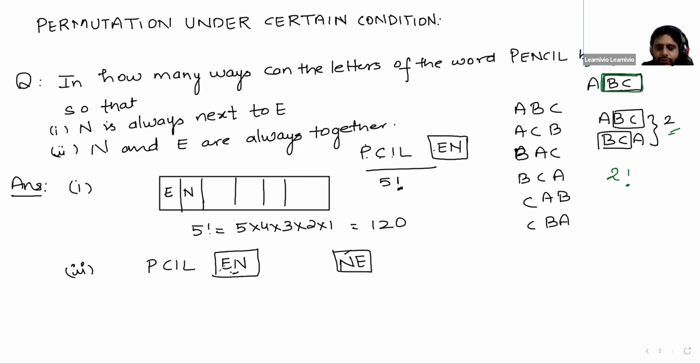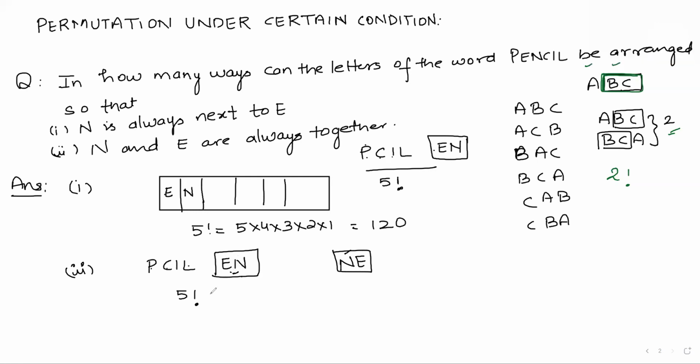In these types of questions, first of all, fix these two and treat these two alphabets as a single alphabet. So you have 1, 2, 3, 4, and 5. You have 5 alphabets over here, so this is 5 factorial. Now inside this box, you have 2 alphabets which can also be arranged. So Krishna, in how many ways can these 2 alphabets be arranged?